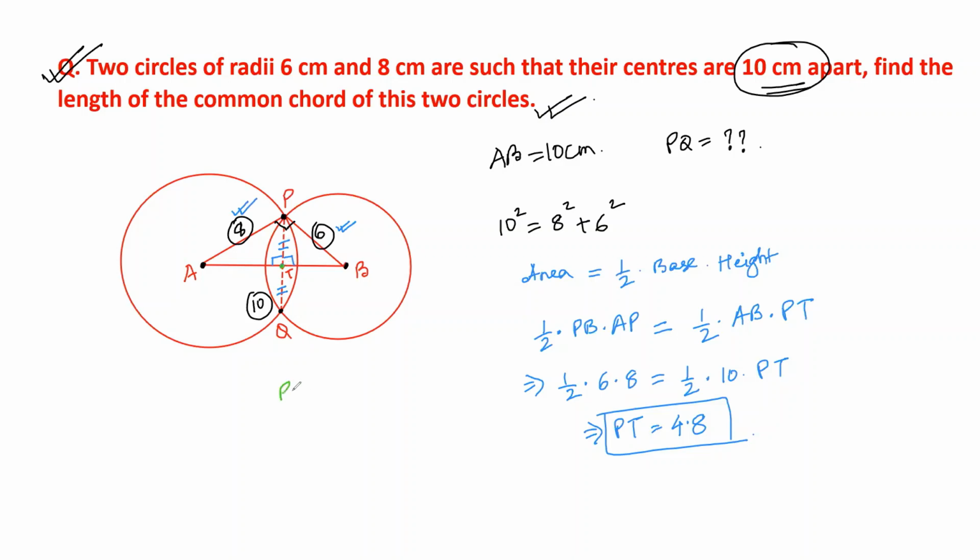So the length of PQ would be twice the length of PT. So this would be 2 into 4.8, which would be 9.6 centimeter. So the length of PQ, that is the length of the common chord between these two circles, is 9.6 centimeter. So in this way, we can find the length of the common chord for such kind of circles.